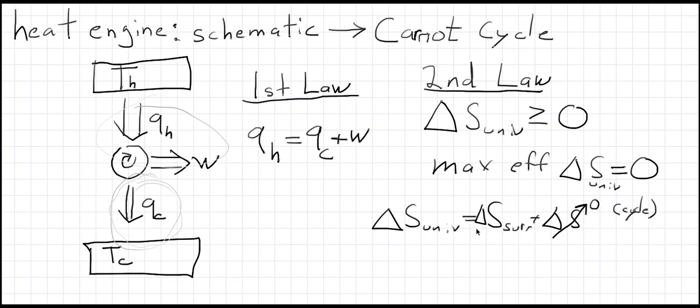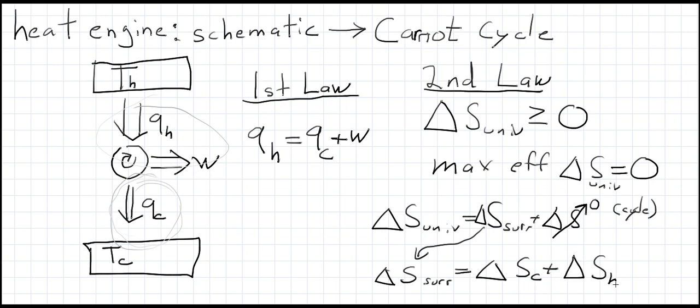So that means we're just looking at delta S of surroundings, but we can break this up into two pieces. The surroundings is made up of the cold heat sink, and it's also made up of the heat source. So the sum of those two entropy changes is going to be equal to 0 if we're operating most efficiently.